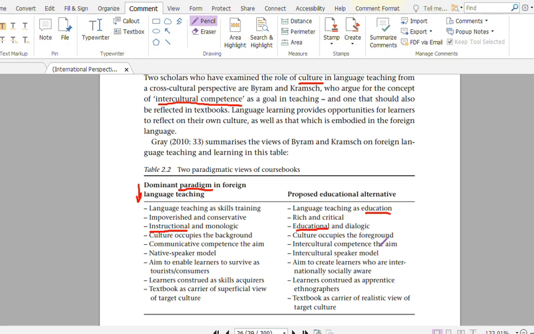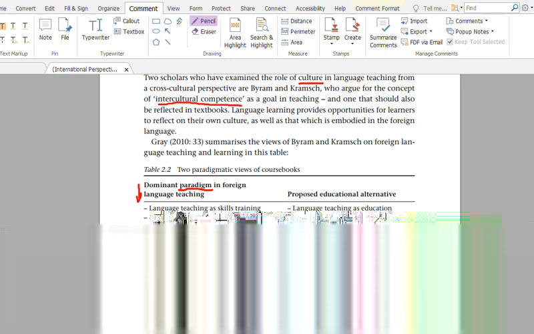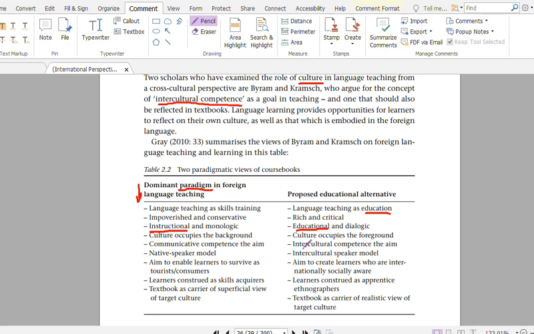Intercultural competence means that because the culture influences and determines the language features, we should learn not only national or target culture, but international culture, culture of Japanese, culture of Afghans, culture of Muslim countries, and culture of the global countries.